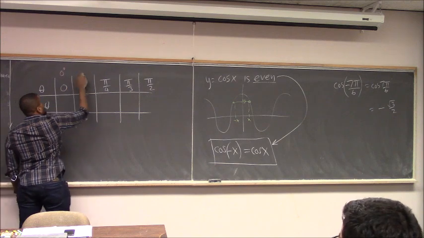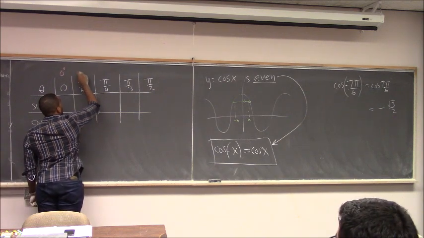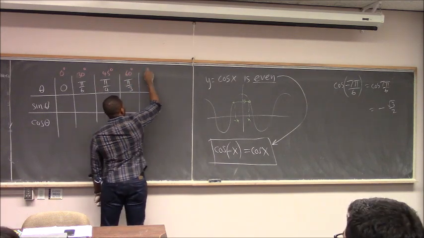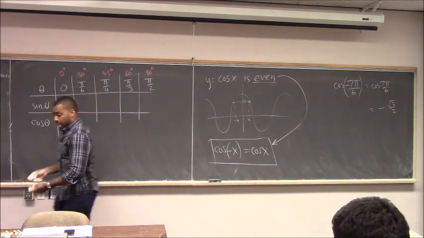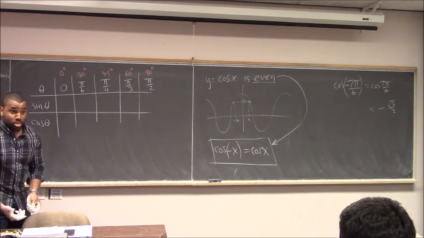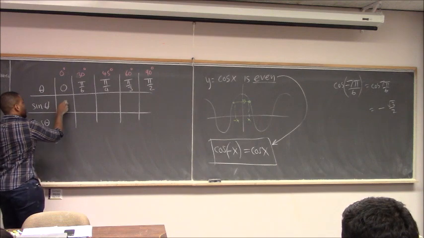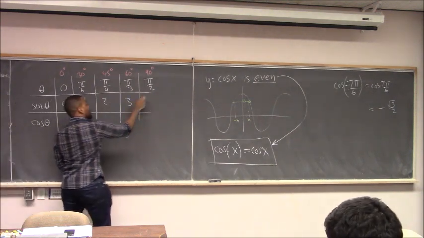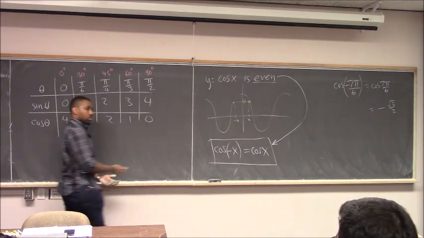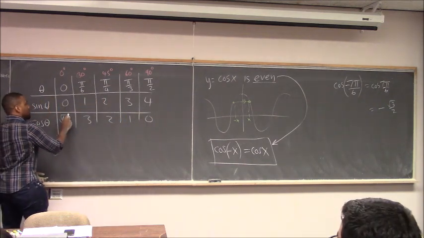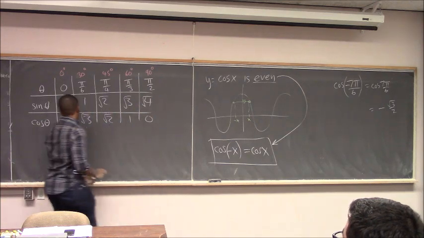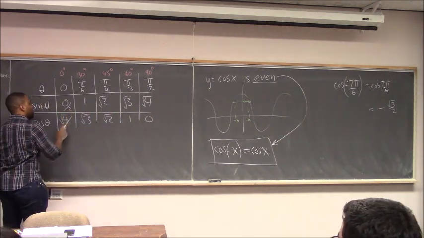This is 0 degrees, this is 30 degrees, this is 45 degrees, this is 60 degrees, this is 90 degrees. And believe it or not, you can follow exactly the same pattern, but start from 0. So 0, 1, 2, 3, 4. 4, 3, 2, 1, 0. You can take the radical of everyone. Then you can divide everyone by 2.